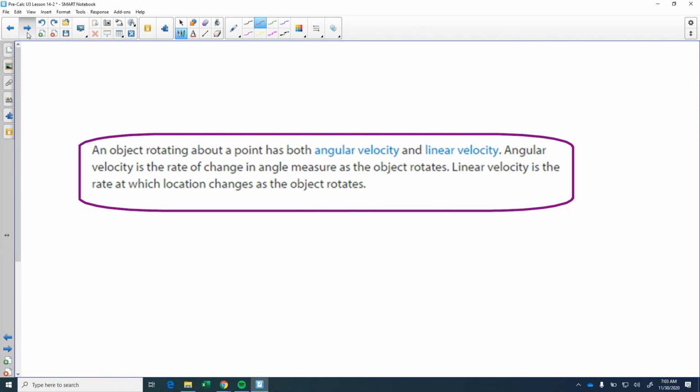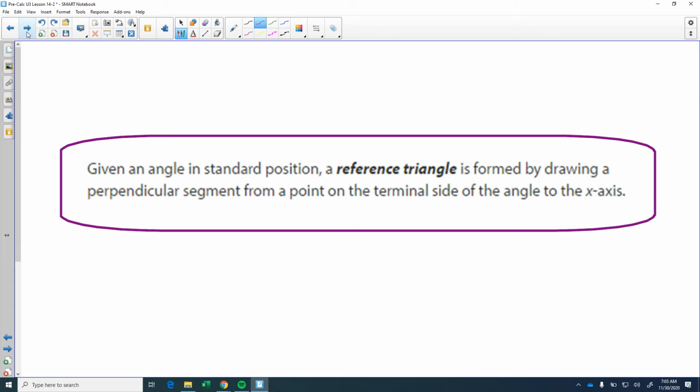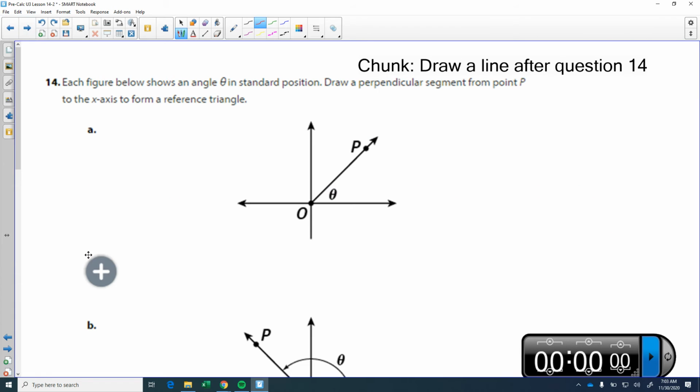So this leads into the last thing that we're really going to discuss, okay? We want to understand reference triangles, all right? Within each position, we can create a triangle that's going to help us eventually solve values out, okay? And here's the main thing that I want you to think about. A reference triangle really is created based on the angle that you have, okay? But it's always going to be based on the side that is closest to that angle.